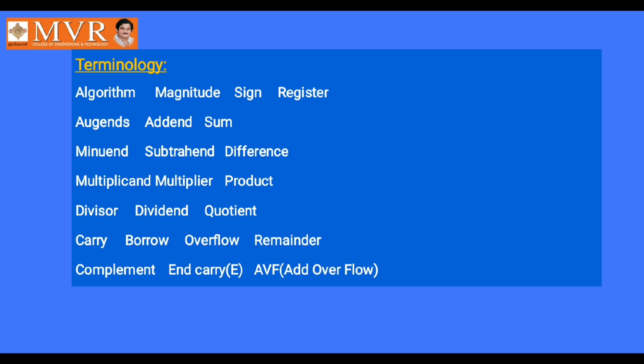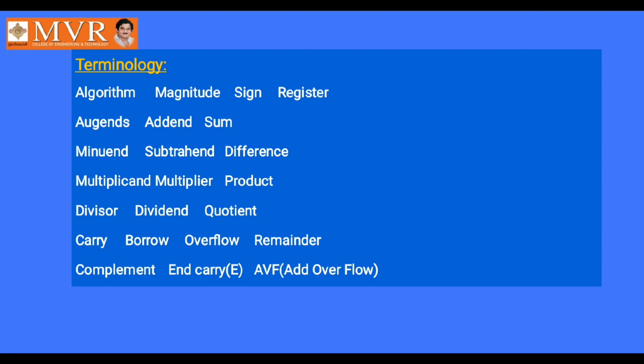So here, after performing the addition operation, if you get the result in the form of a sum, sometimes you may have a carry also. At the same time, when you are going to perform the subtraction operation, the extra bit you get is a borrow. If the first value is lesser than the second value, then to perform the subtraction we need to take a borrow.